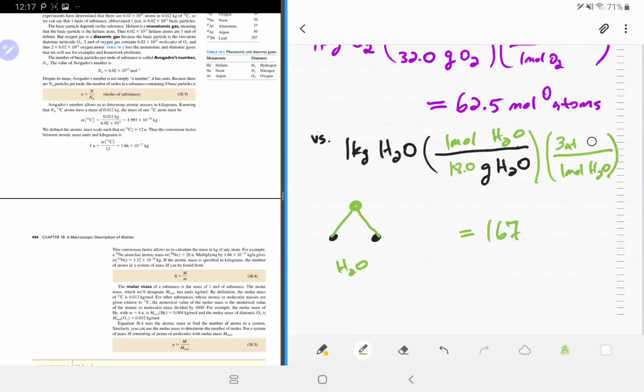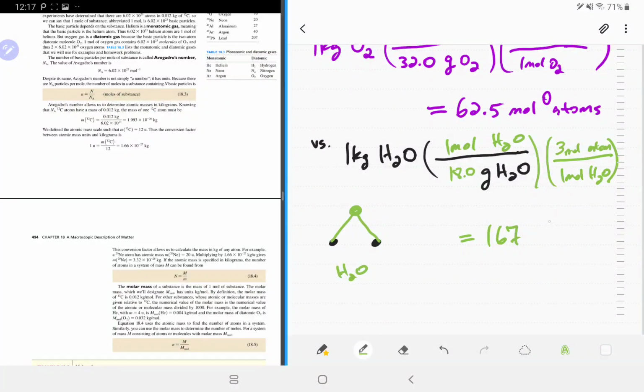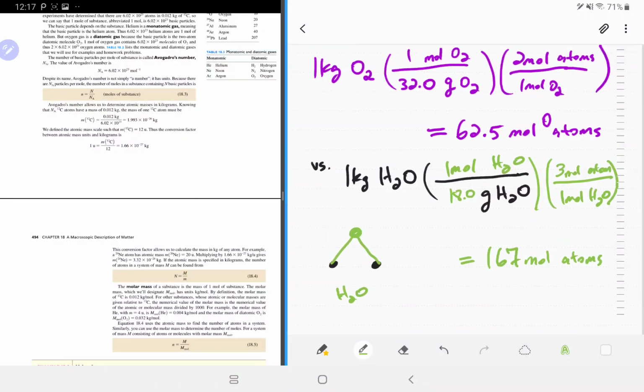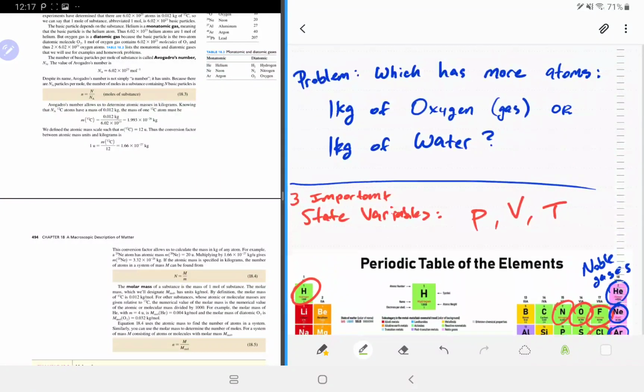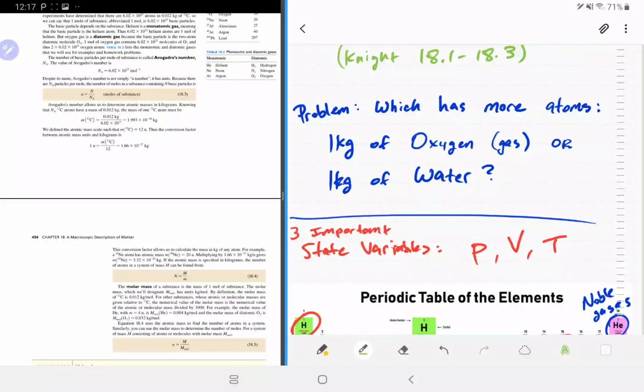Oops. So notice I wrote down 1 mole of H2O and I wrote down 3 atoms. It's 3 moles of atoms. Remember, a mole is a big, big number. Right? So it's 167 moles of atoms. 2/3 of them are hydrogen atoms and 1/3 of them are oxygen atoms. So it looks like the water has more atoms. Which one has more atoms?